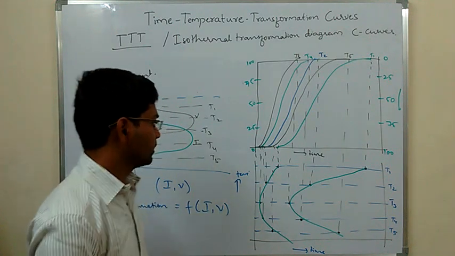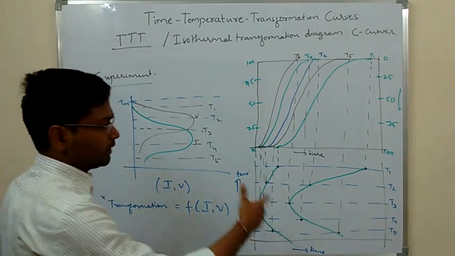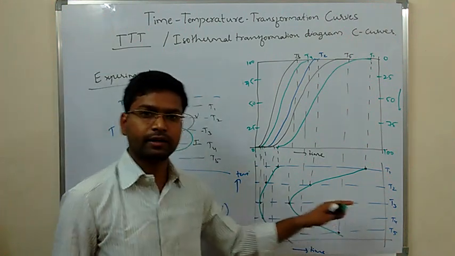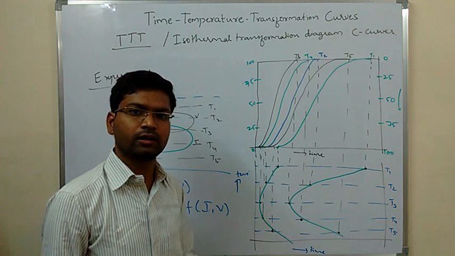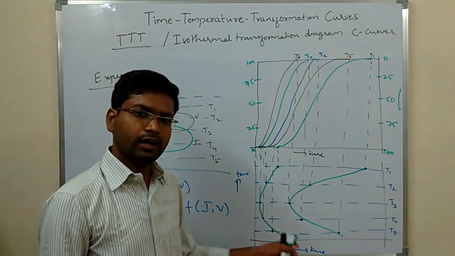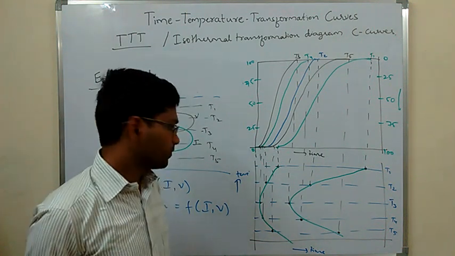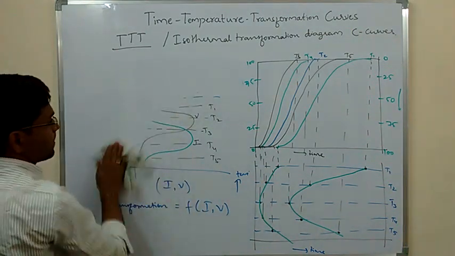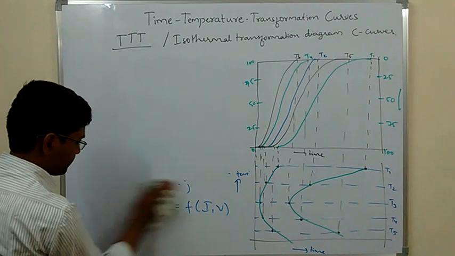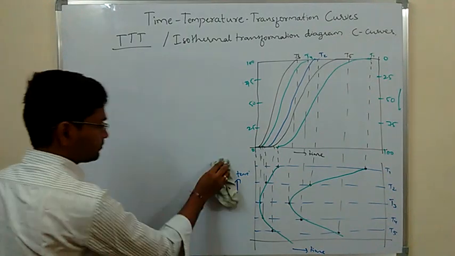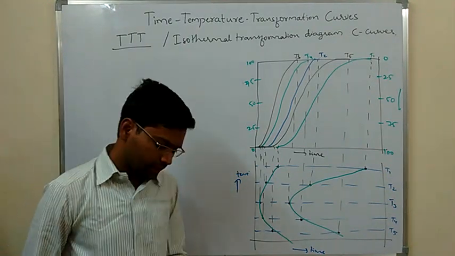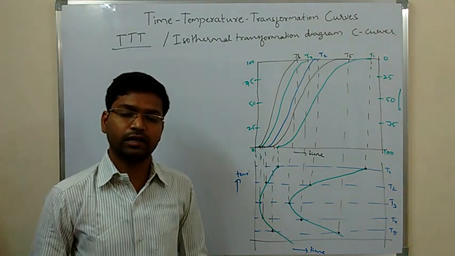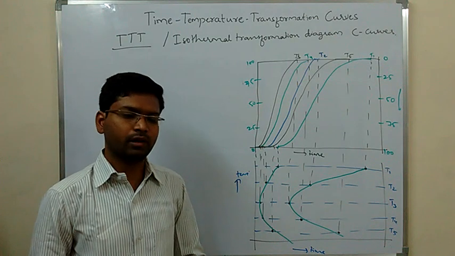So now I will explain in detail what phases are present in the TTT diagram and at what temperature what happens. So pearlitic structure: how the rate of cooling affects the steel properties. I will give one example.